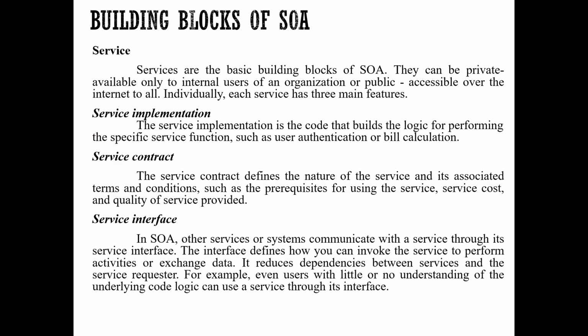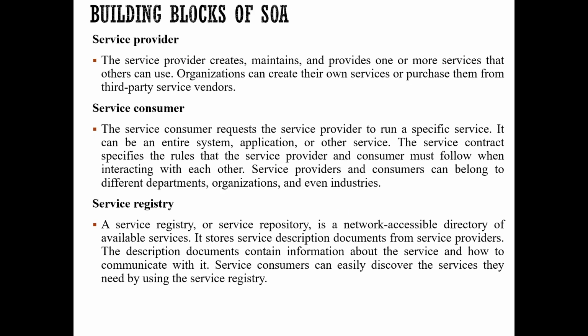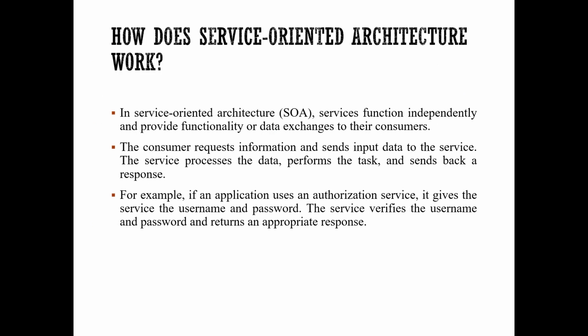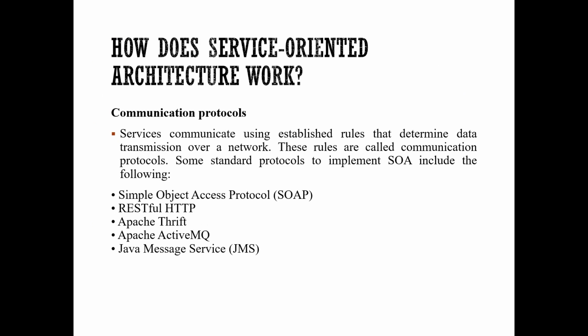Next, these are the building blocks of SOA, which include service, service implementation, service contract, and service interfaces, along with service providers and service registry. Then, SOA web services are system services available over the internet.